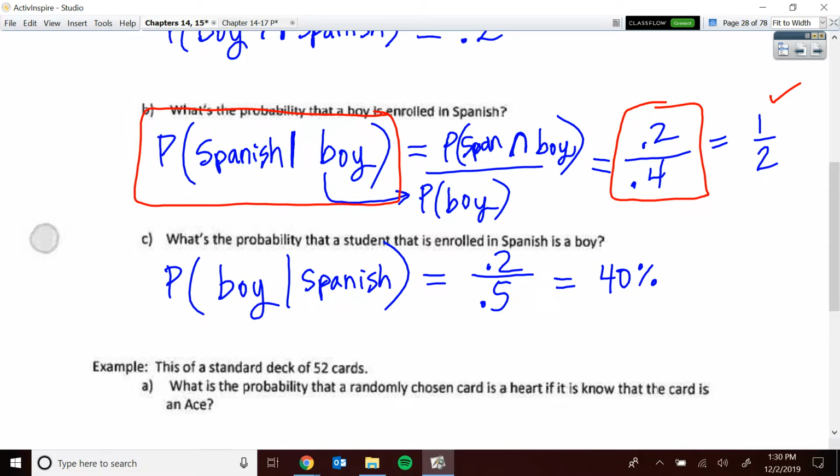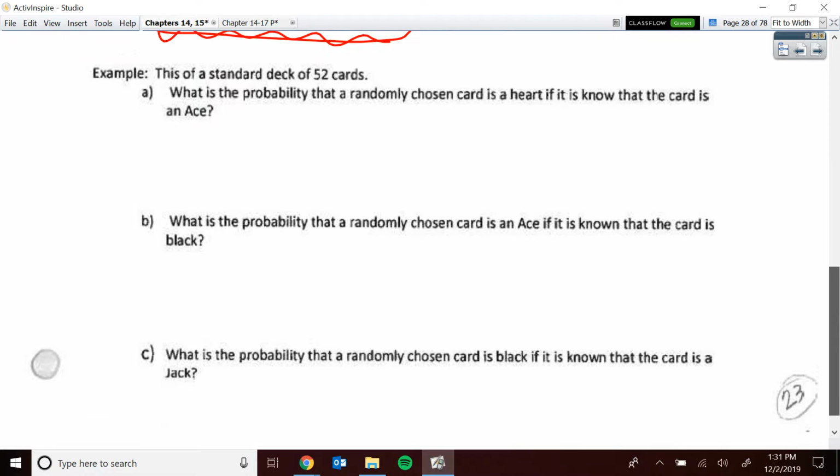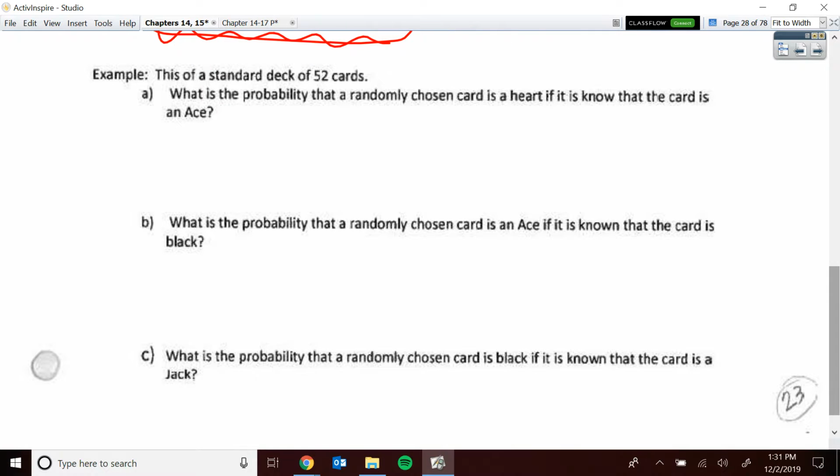All right. So no kidding, this notation is required. Okay? That's a required item. You are giving statistical notation, and that's one of the things you're learning, okay? And then, of course, the answer. All right, so I want you to go down and try these ones with the deck of cards.